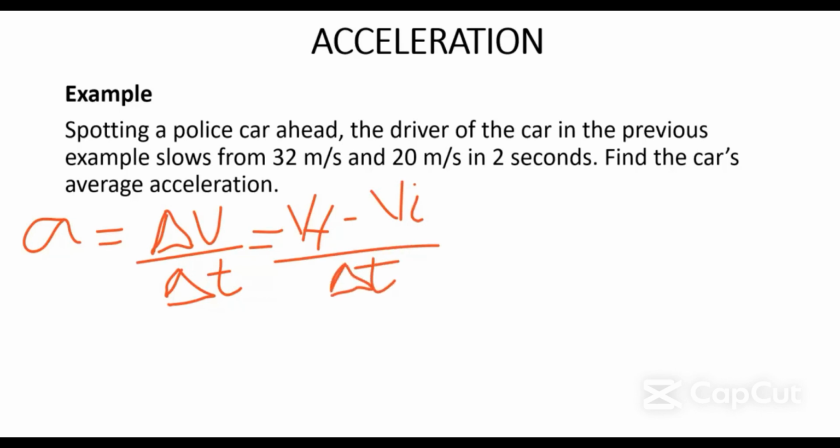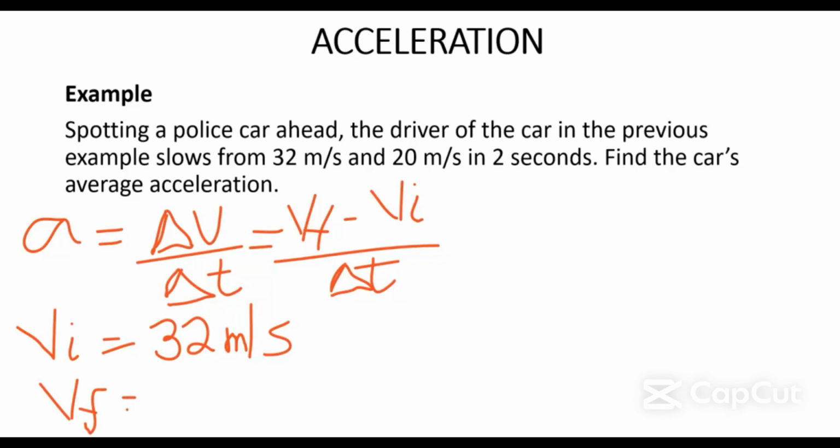Now in this case, the driver was moving at 32 meters per second but slowed down to 20. So the initial velocity is 32 meters per second, and the final velocity Vf is 20 meters per second.